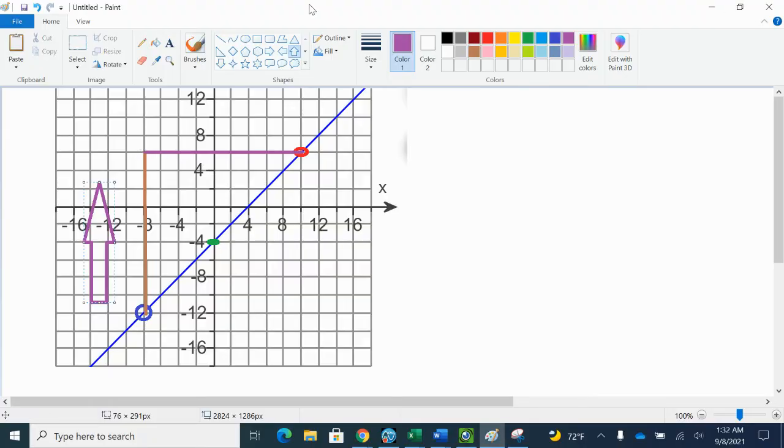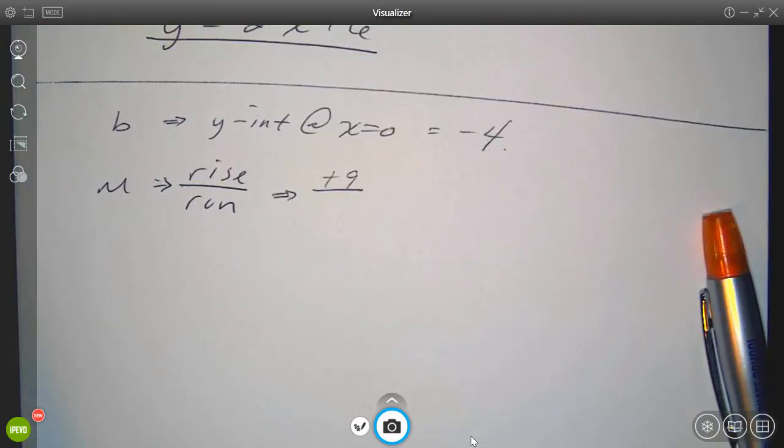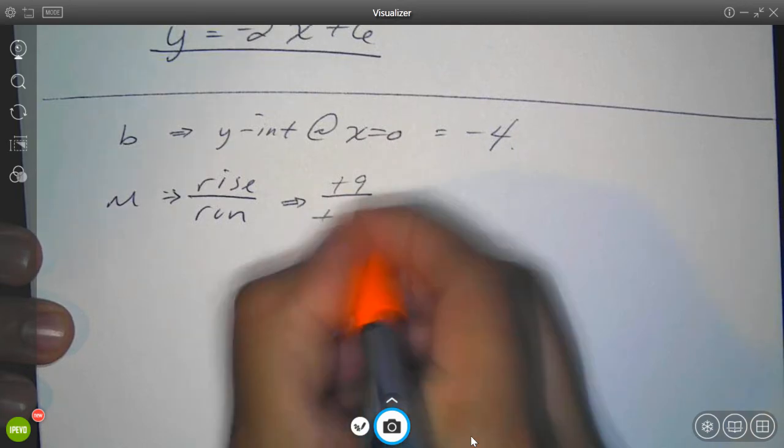My horizontal change is the change going this direction. Notice how I'm going to the right, which is also positive, and count the gaps. 1, 2, 3, 4, 5, 6, 7, 8, 9. So my horizontal change is also a positive 9.